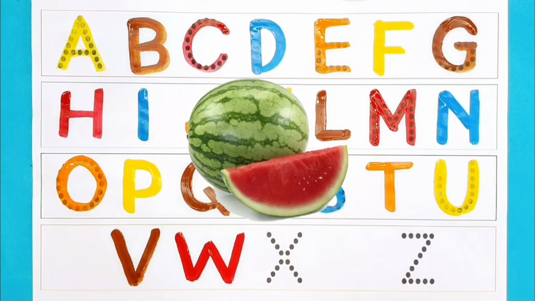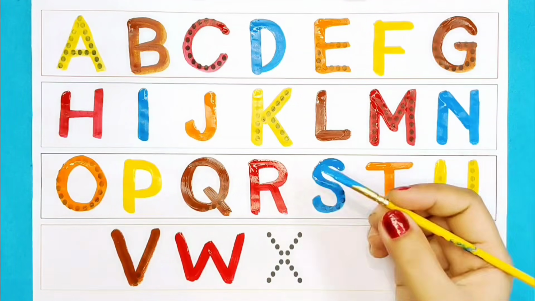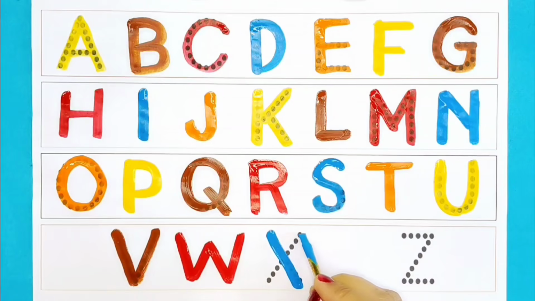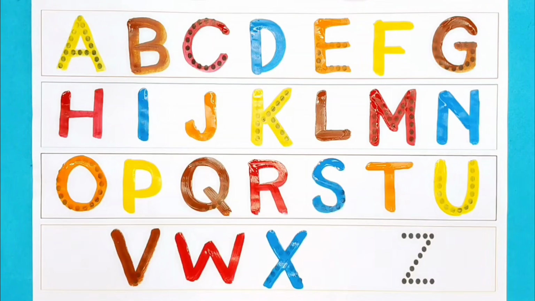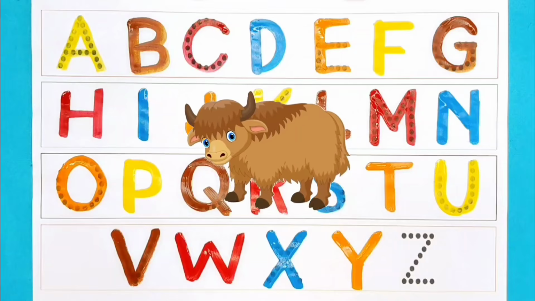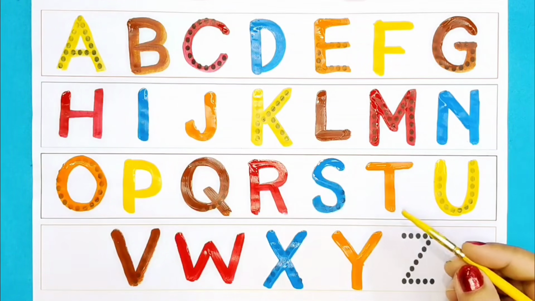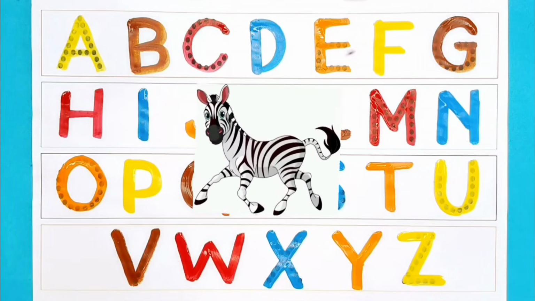W. W for watermelon. Sky blue color. X. X for Xmas tree. Orange color. Y. Y for yak. Yellow color. Z. Z for zebra.